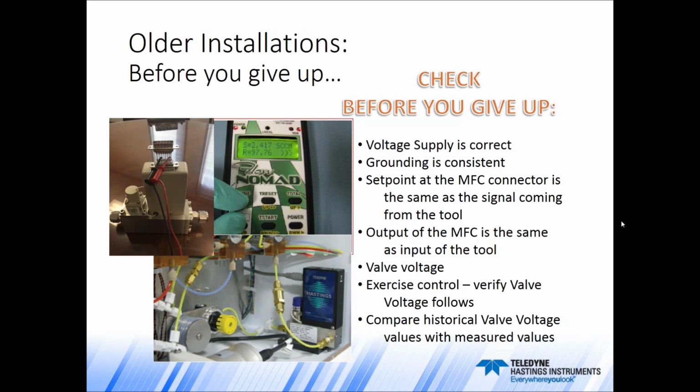One very important parameter that can be measured on most flow controllers is the valve voltage. A lot of the flow controllers will have a pin dedicated to valve voltage. This valve voltage is an indicator of how much struggle there is in the valve in order to exercise control.